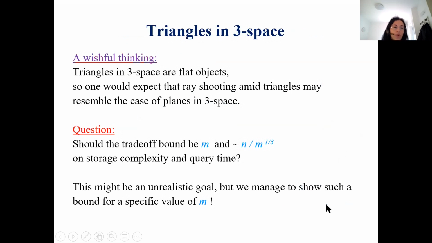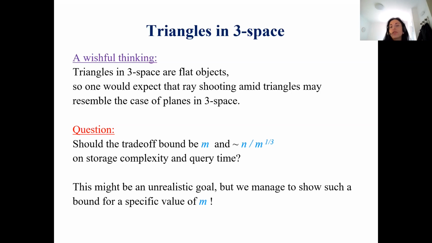Now before discussing our work, just one more thing, this slide. A wishful thinking is that since triangles in free space are flat, we may hope that ray shooting among triangles would behave like ray shooting among planes in free space.